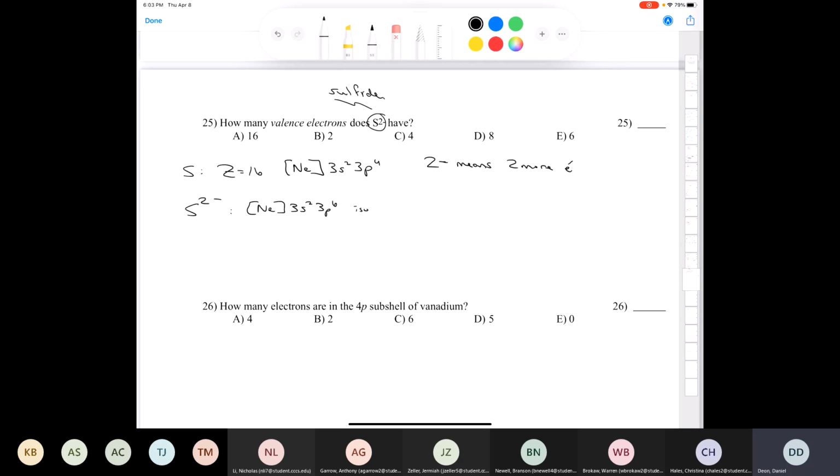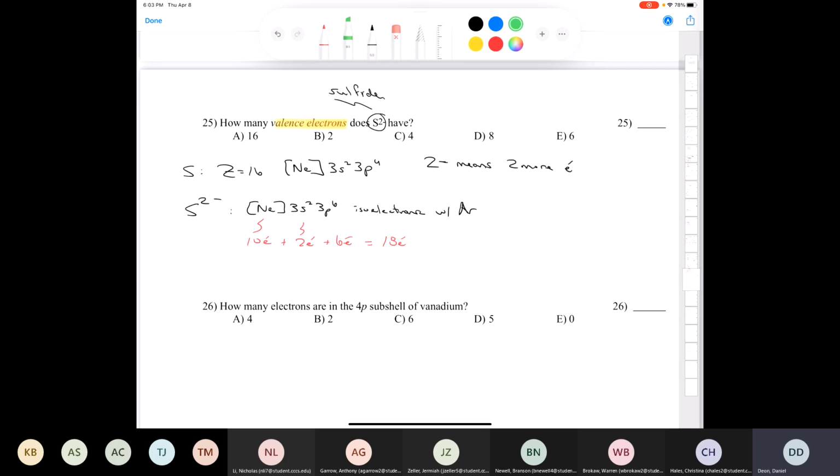It's isoelectronic with argon. But how many total electrons do we have? Well, neon itself has 10 electrons. I have 10 plus 2 electrons plus 6 electrons. I tally all that up, and that gives me a total of 18 electrons total, but it's asking us for the valence electrons only.